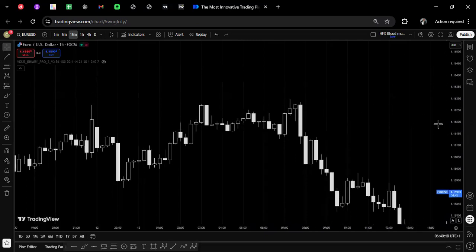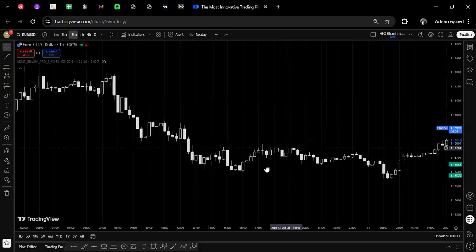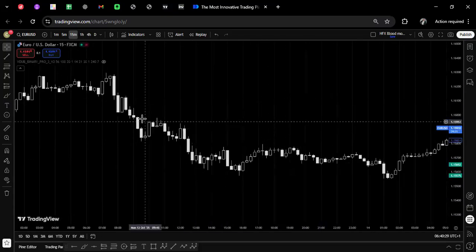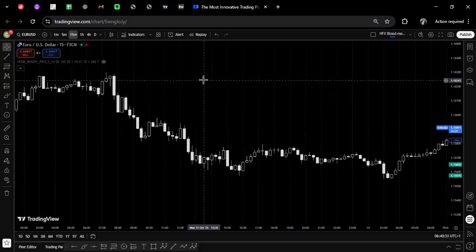If you know how to mark up a chart, getting precise support and resistance, like you can look at a chart and say, okay, I have my support here, I have my resistance here, indicate.